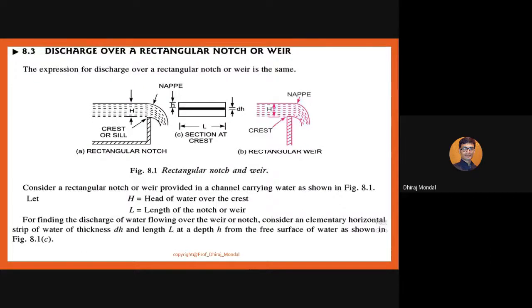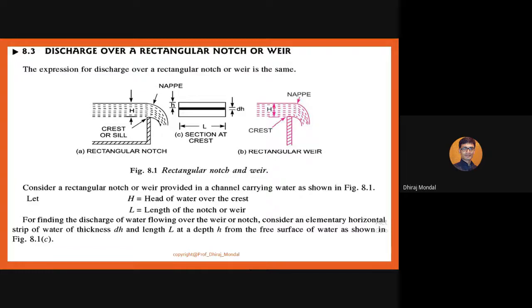In your syllabus, in your lab, two types of notch are given based on which we need to calculate the coefficient of discharge: one is the rectangular notch and one is the triangular notch. The first experiment will be the rectangular notch. Both theory parts will be discussed in my class, so just have patience and it will be clear.